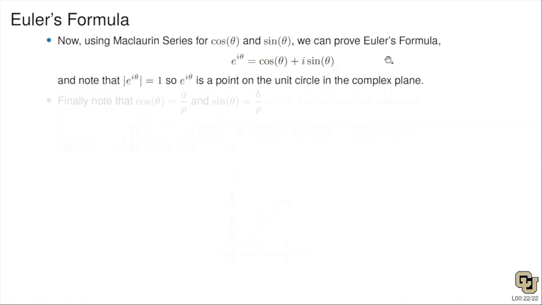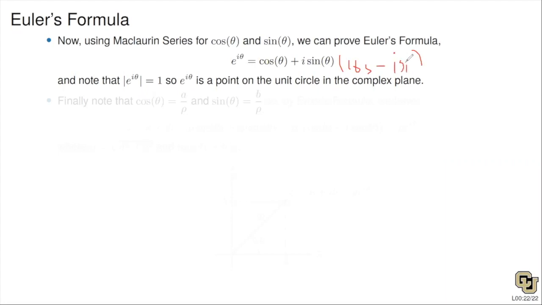And here, if you calculate the modulus, we're multiplying cosine theta plus i sine theta times cosine theta minus i sine theta.